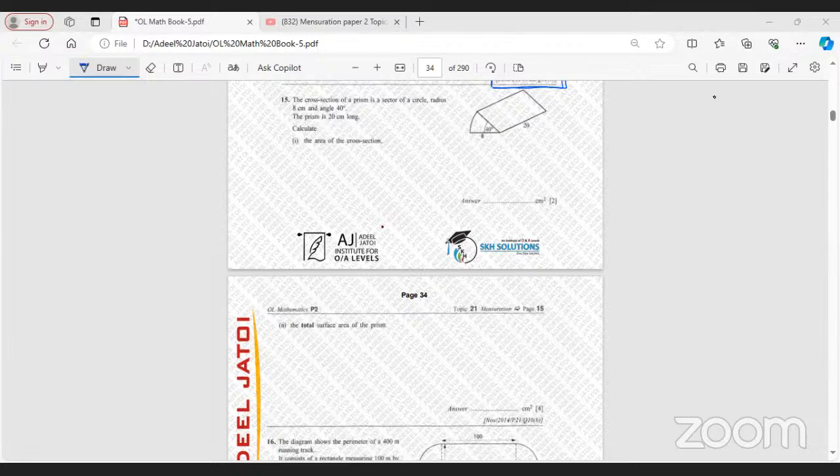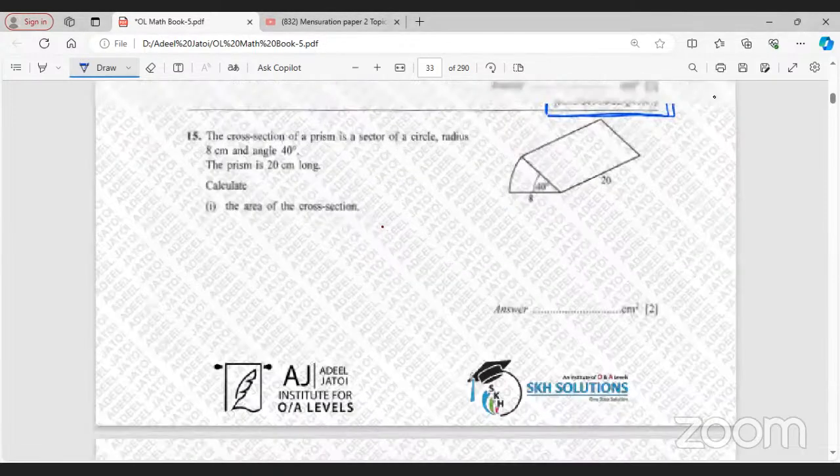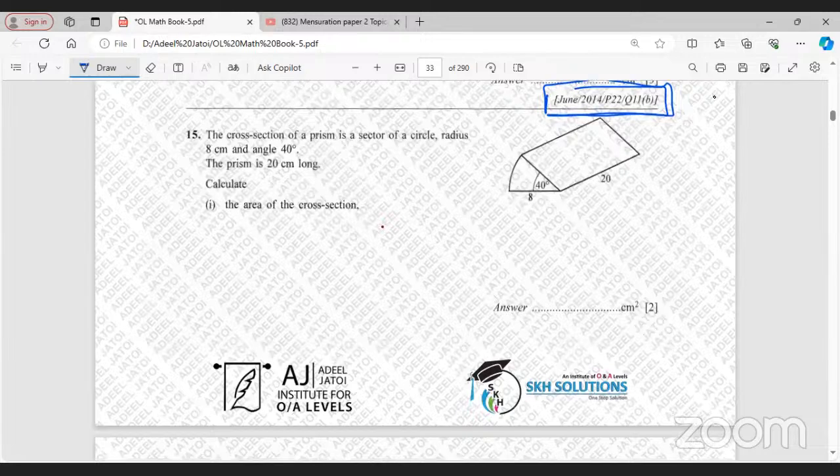Okay, I want you to attempt this question number 15. Question number 15 says that the cross section of the prism is a sector of a circle, radius 8 centimeter, and angle is 40 degrees.